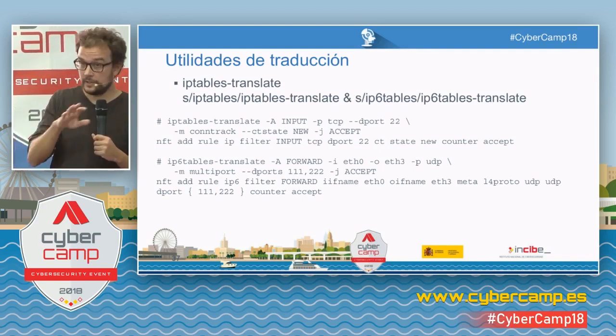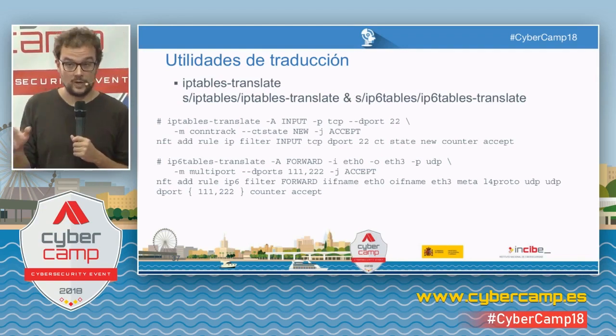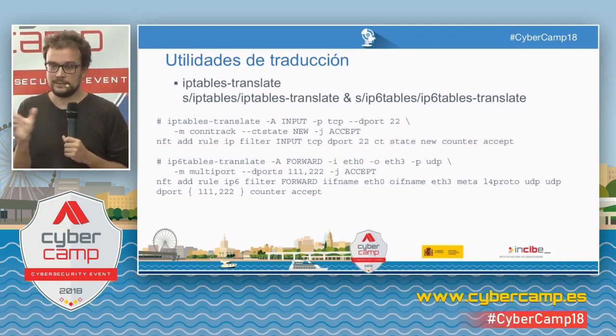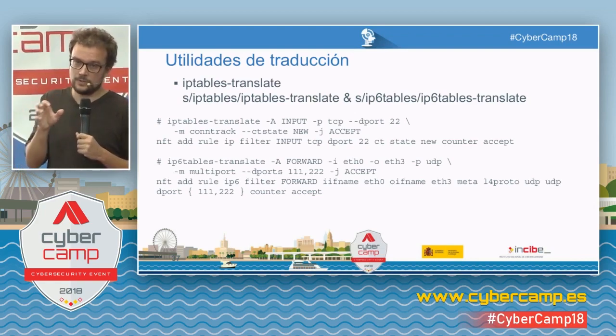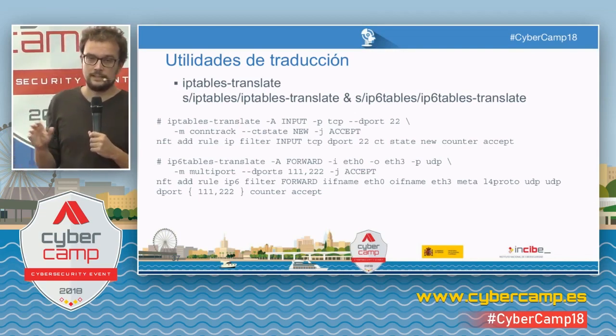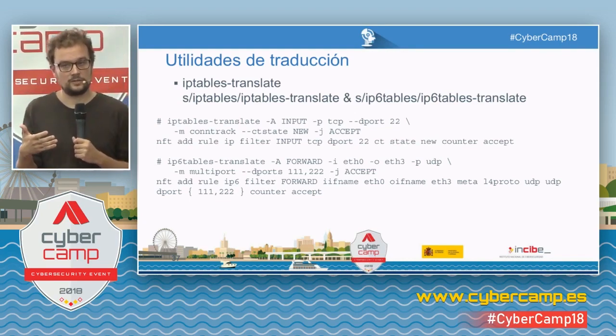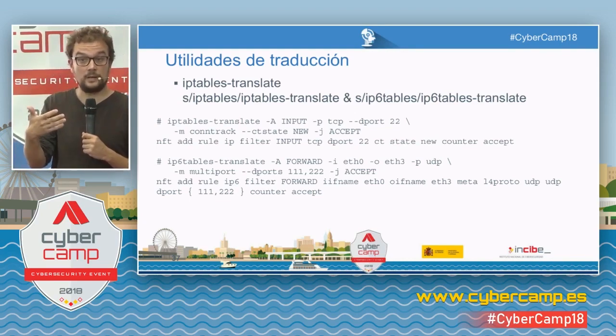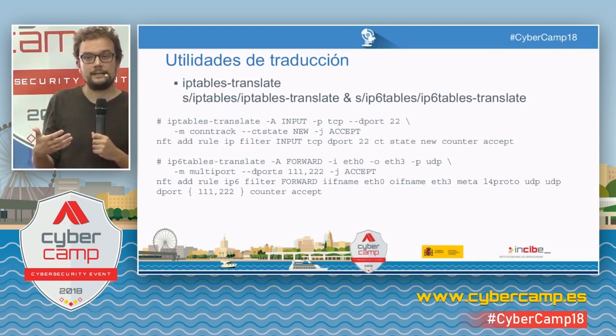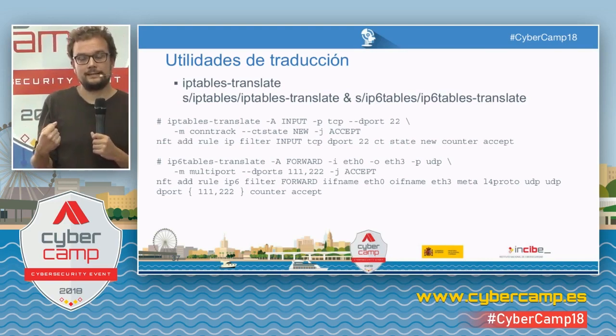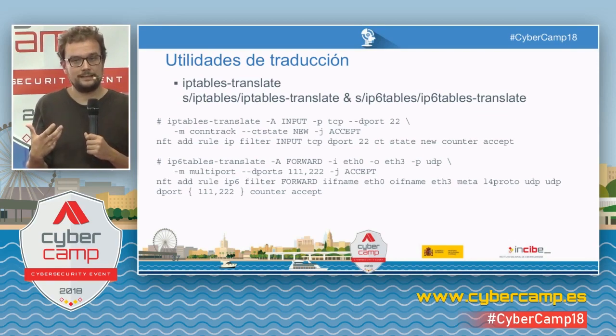And for those of you who use iptables, all of that happens in user space. The translation operation doesn't modify the firewall policy. It doesn't touch anything that you might have deployed. It just translates the file for that file that works on ip6tables.